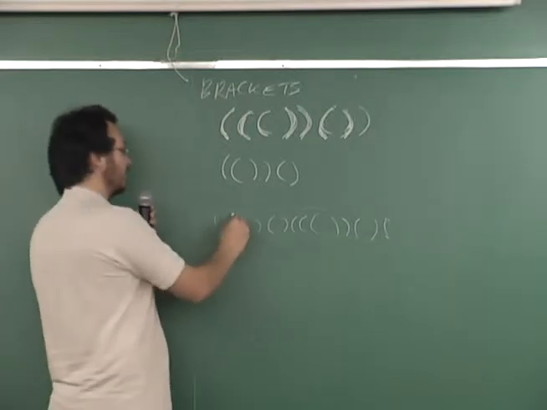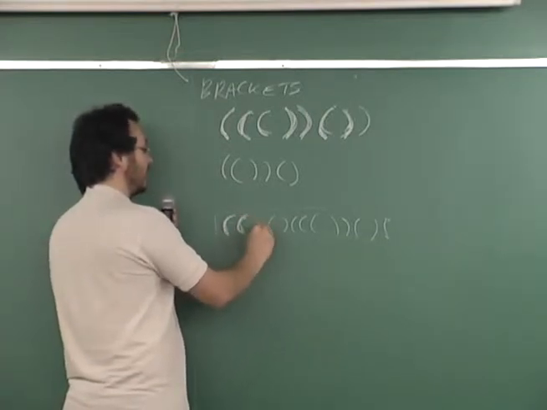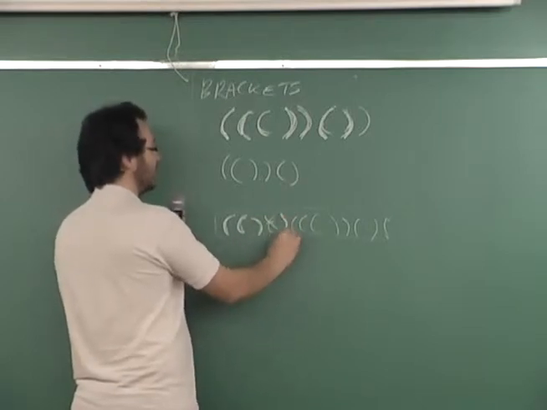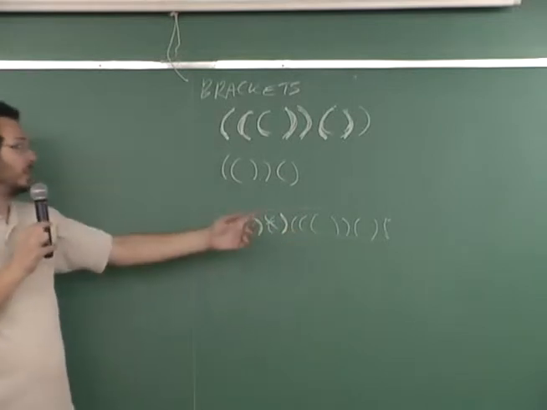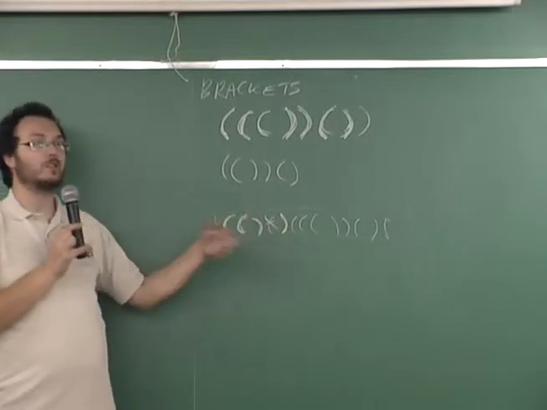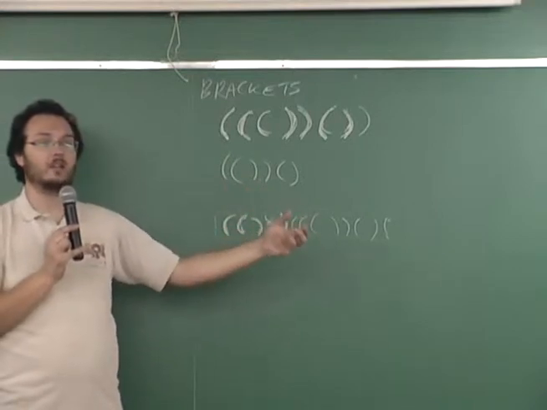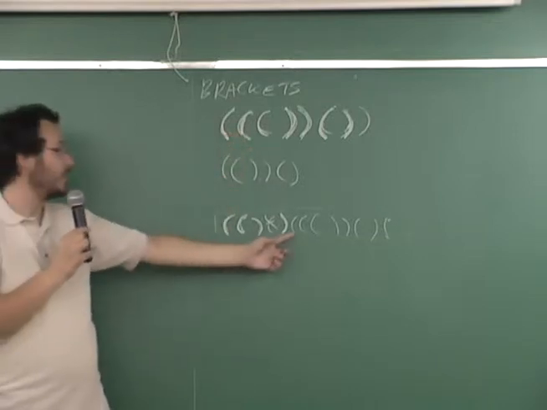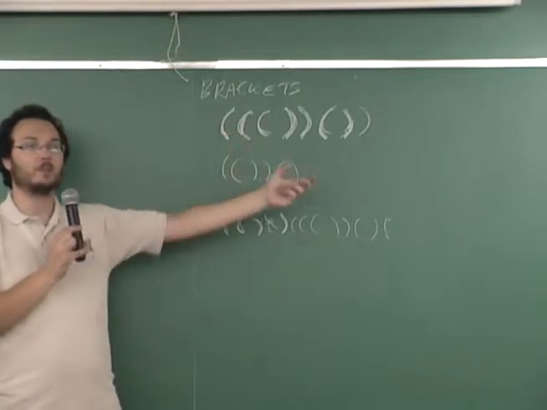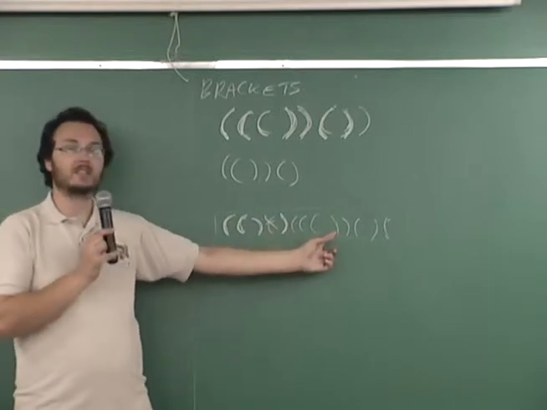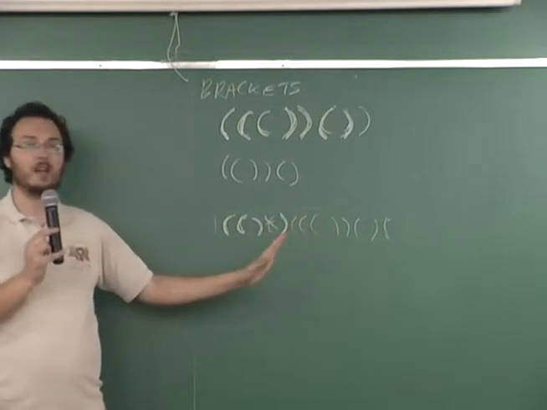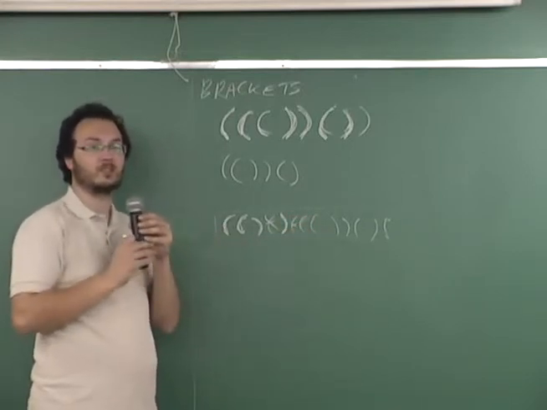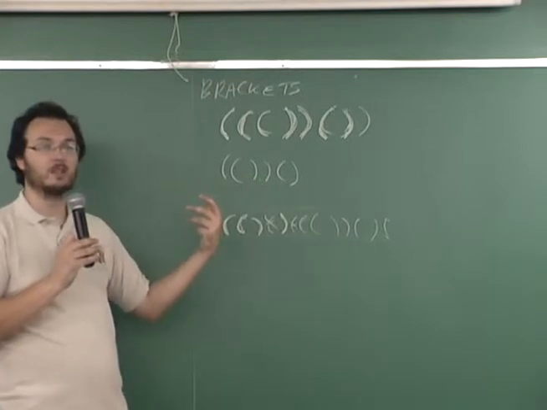Imagine now that I picked this one, I discarded this, I picked this one, and right now, what can I do? I have only two choices for what to pick next in order to stay canonical, in order to only pick the leftmost occurrence of each of the sequences. I can pick the next opening bracket, or I can pick the next closing bracket in sequence. I cannot pick anything else, because by skipping this one and picking this, I would get a subsequence that is not canonical, that is not as leftmost as possible.